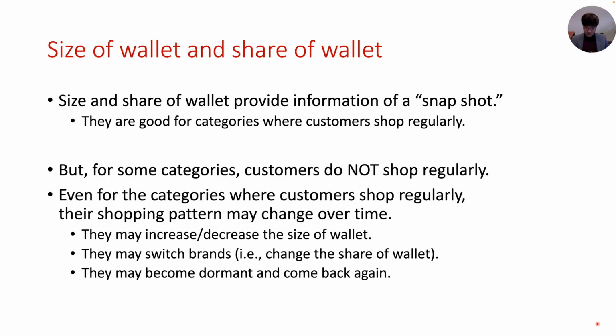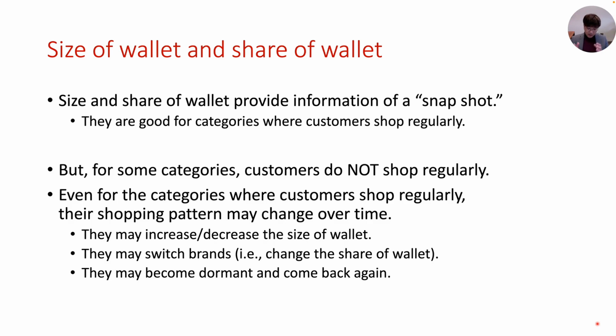If a customer shops regularly and shows a clear pattern of shopping, the size and share of wallet are still useful to characterize profitability of the customer. Let me use the snapshot analogy. If the boy is running constantly in one direction, the snapshots of this boy are very similar to each other, and one snapshot is enough to understand his movement.